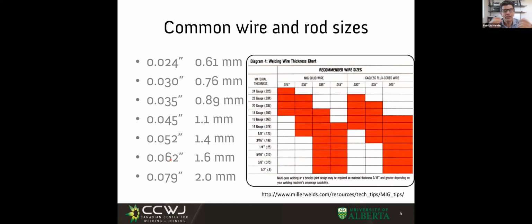The other interesting thing is that we have wire diameters in inches and wire diameters in millimeters that are kind of the same, but not exactly the same because you just can't. And the standard is moving slowly into the millimeter equivalent of the inch standard.